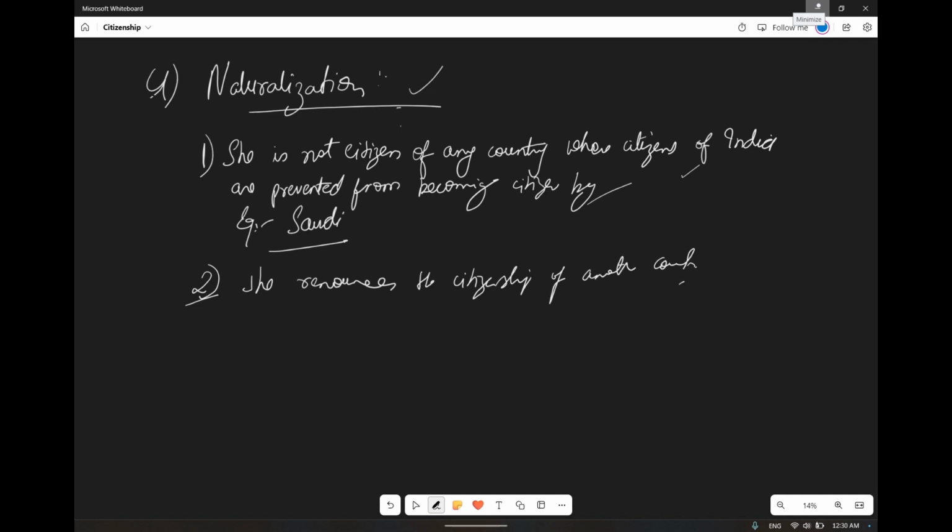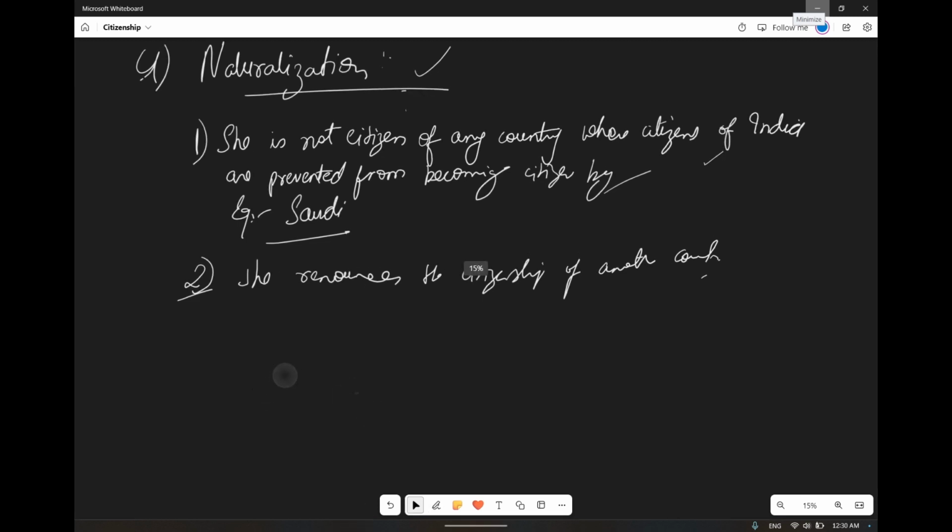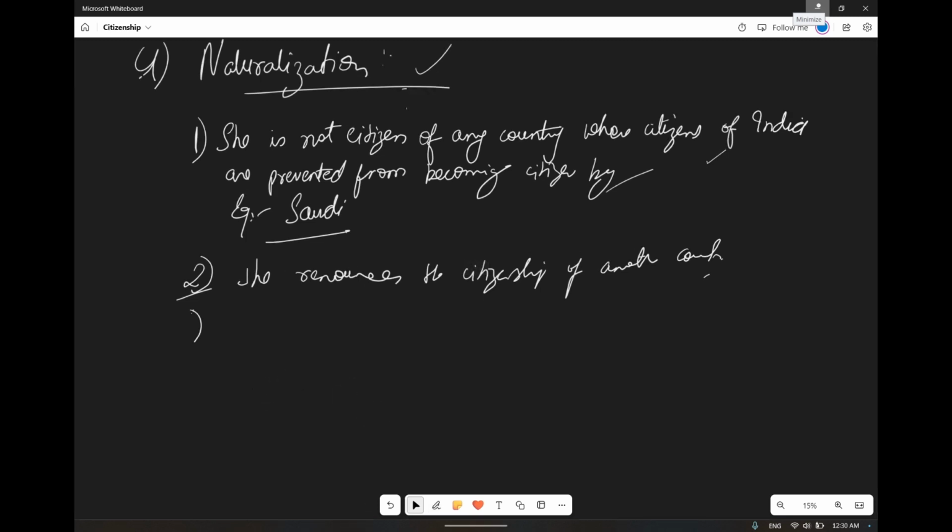And she has an adequate knowledge of the language. This tab is not working.